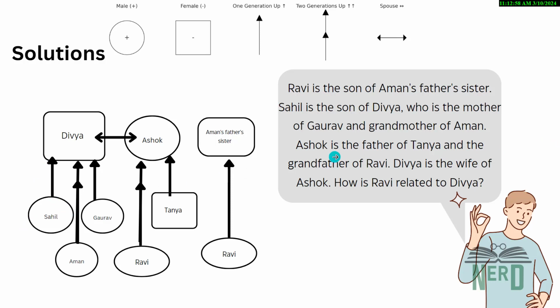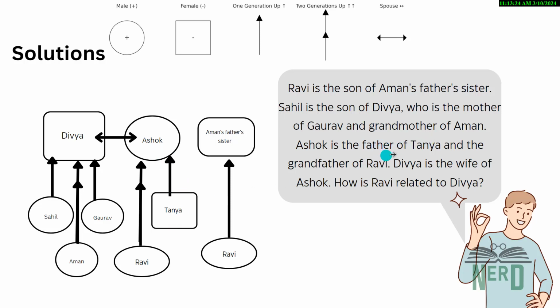Now the next clue we have, Ashok is the father of Tanya. Because it's completely different, we cannot connect it right now, so we'll just draw a circle. Tanya is the daughter of Ashok, or the other way around, Ashok is the father of Tanya. So we'll draw a square for Tanya and make one arrow up because she's the daughter of Ashok, right?